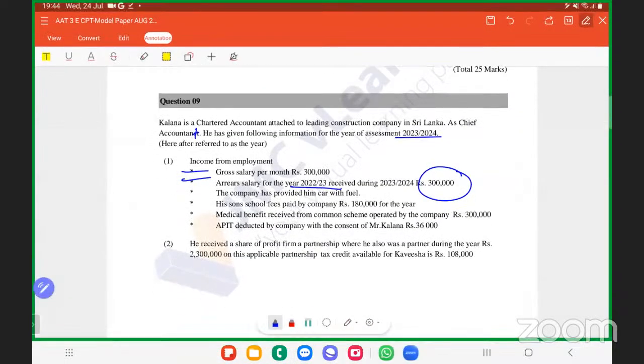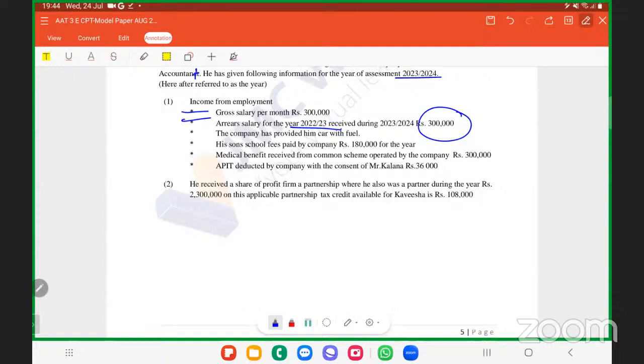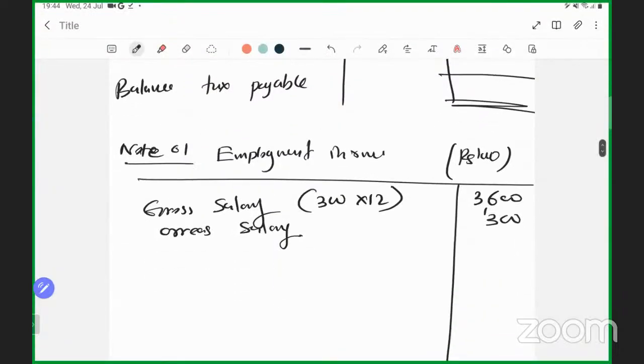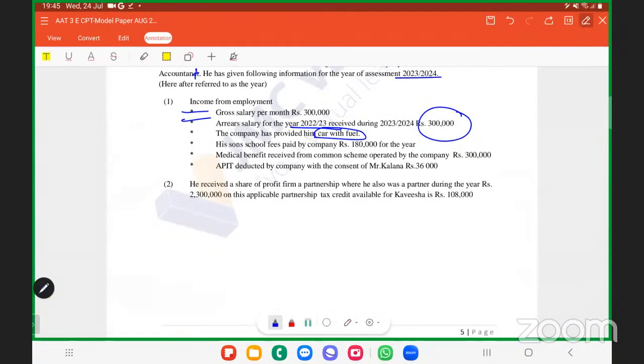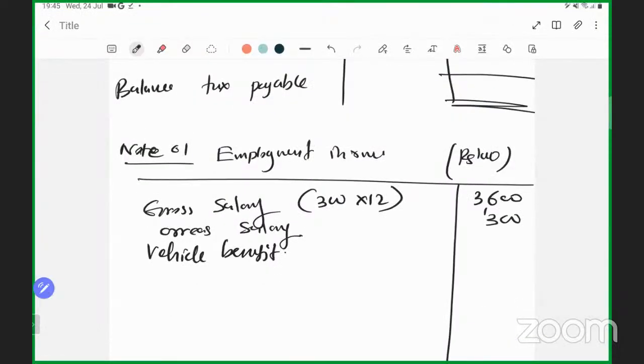Next, the company has provided him a car with fuel. That is a non-cash benefit, the vehicle benefit or transport facility provided by the employer. Car with fuel, no need to worry about the engine capacity.